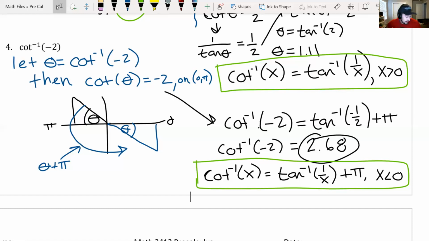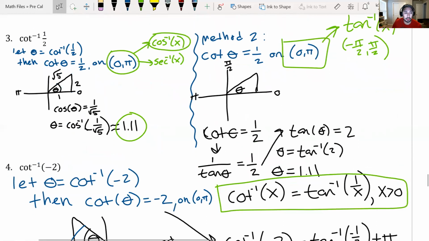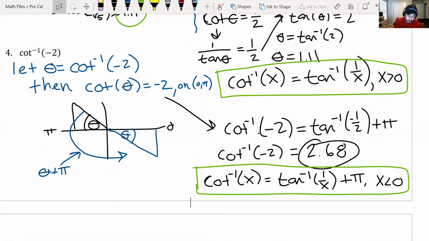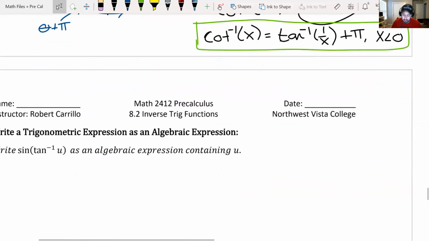Okay, cool. I get 2.68 if I was going to do the first route of making a right triangle and finding a trig function that matches the restrictions. So if I did cosine of whatever I get in the unit circle on the last one, I would still get 2.68. But using these formulas is a lot faster. Okay. Keep going.